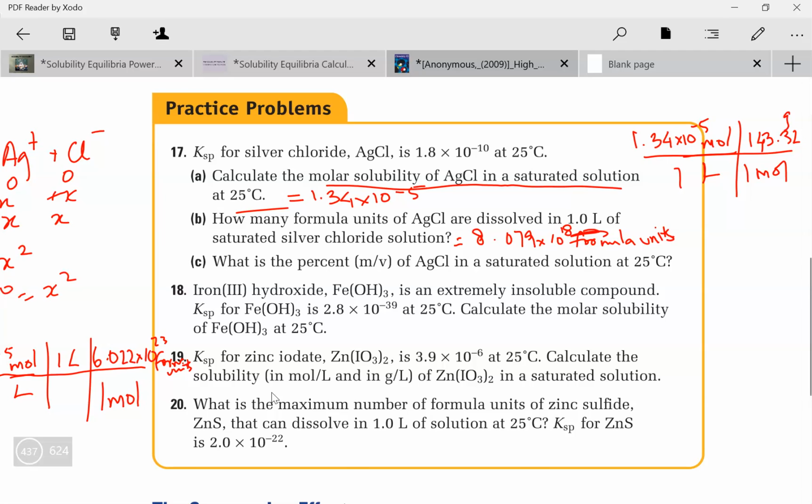So 1.34 times 10 to the power of negative 5 times 143.32 grams is 1.92 times 10 to the power of negative 3, times 100, which is a solubility of 0.192%, mass per volume solubility.